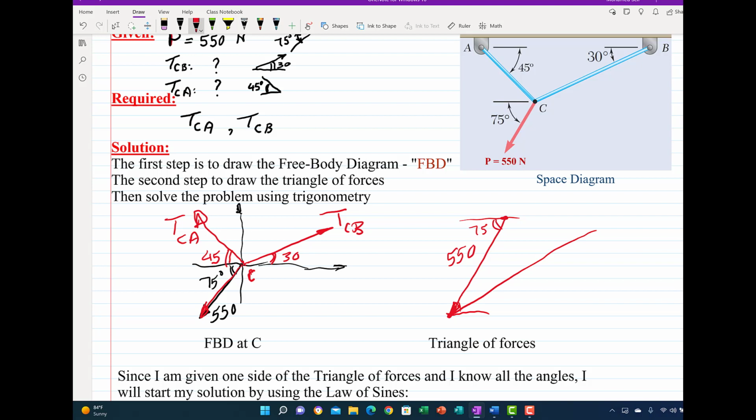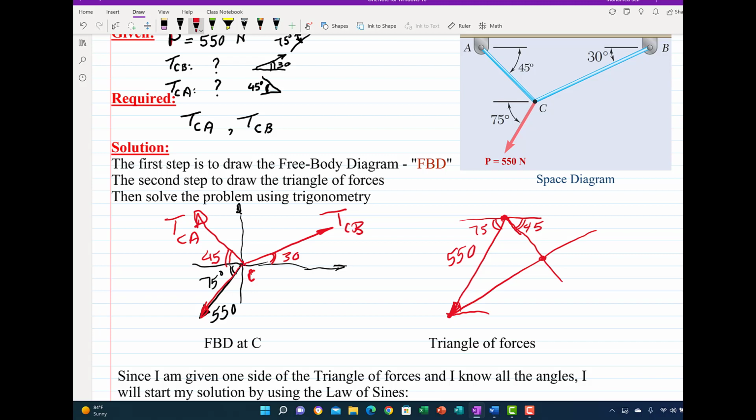And to come from the other end, from the beginning of this one here, I'm going to draw a parallel line, a direction making 45 degrees with the horizontal. So I'm going to draw a line this way, and then it's going to meet with the other one at this point. And when they meet, automatically I need to make a closed loop.